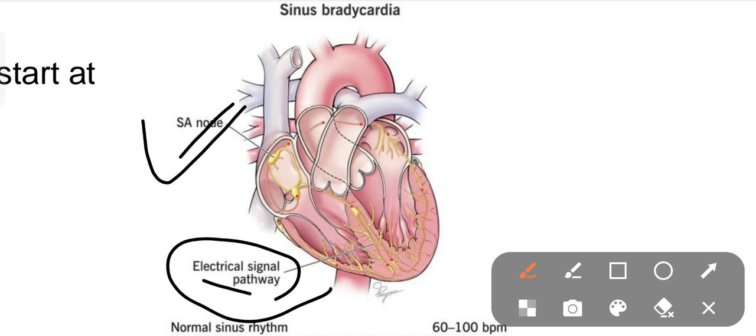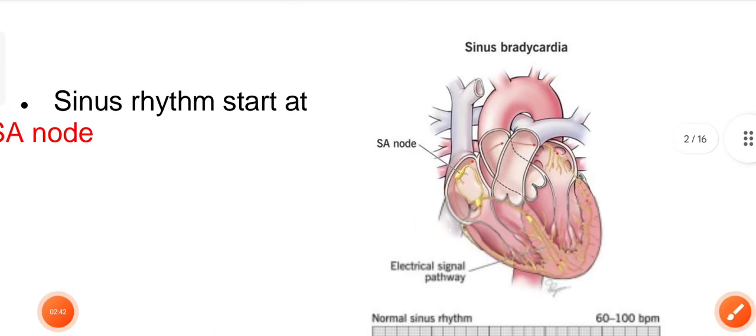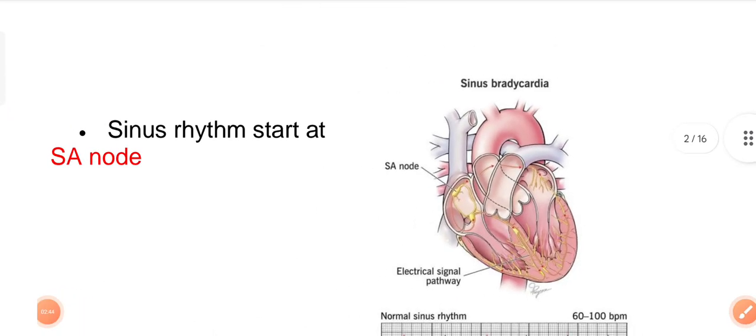From the SA node it goes to the AV node, then to the bundle of His, and then finally the Purkinje fibers. These electrical impulses start from the SA node. Sinus rhythm starts from the SA node.